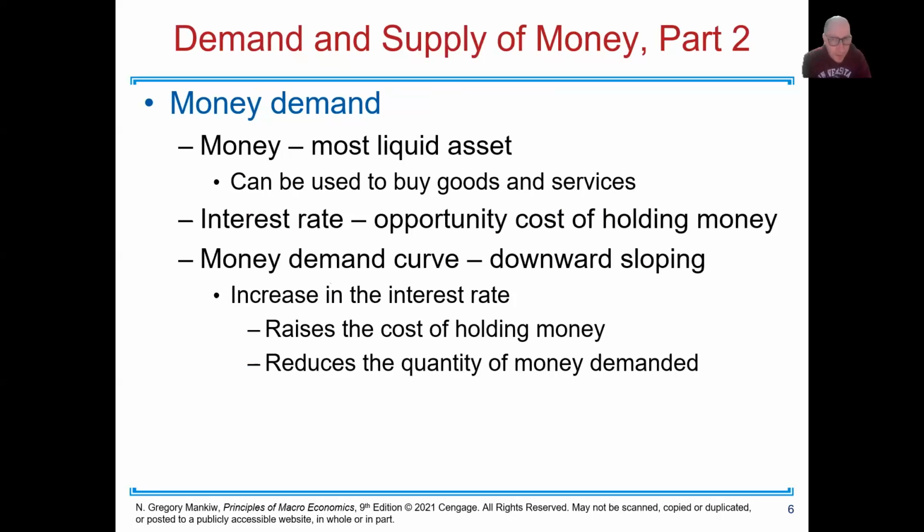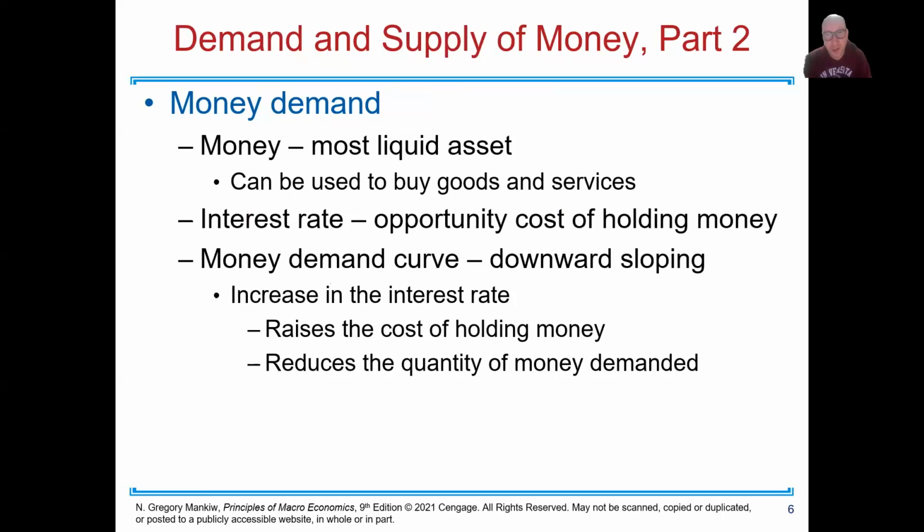The money demand is liquidity. How quickly we can convert things into cash. Money, cash, is the most liquid asset. It can be used to buy goods and services. It can be used to invest. It can be used to do a lot of different things.